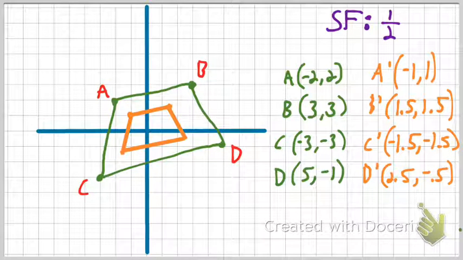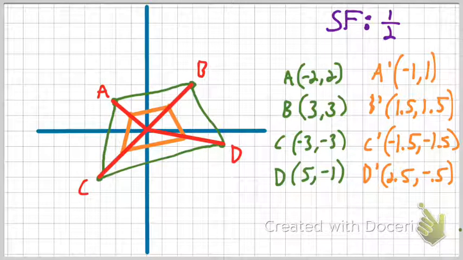You can see that it got half the size. Again, we can check our answer really quickly. You can see that it all leads back to the origin, right?